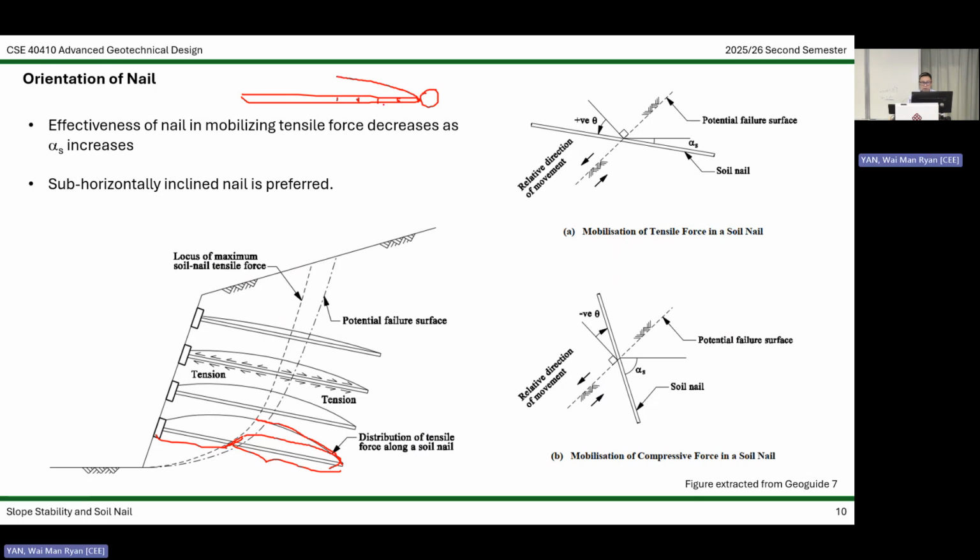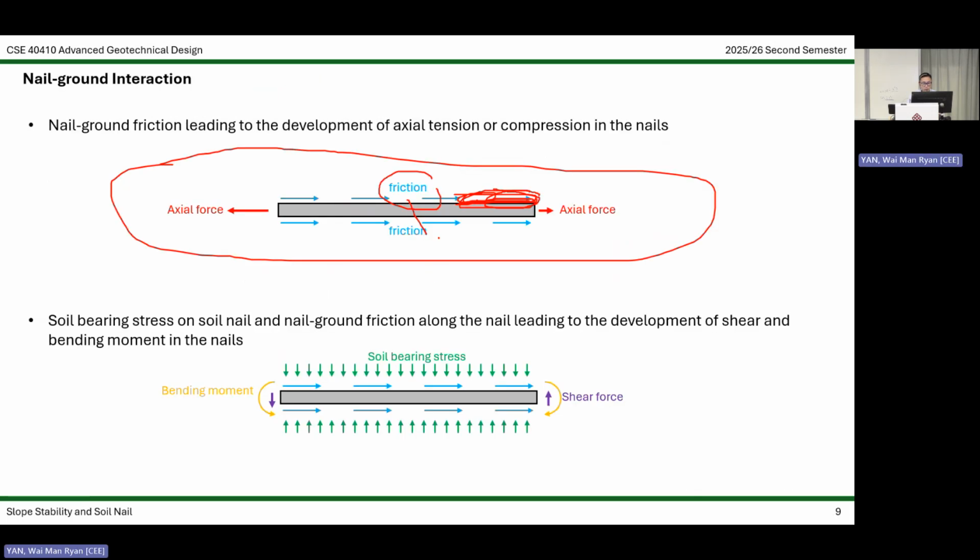It increases because I have more and more friction developing along it. Then when we reach that potential failure plane, the tensile force becomes smaller and smaller. Why? Because your friction will change direction, right?